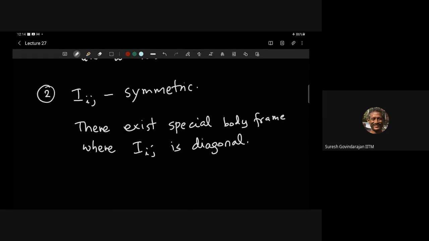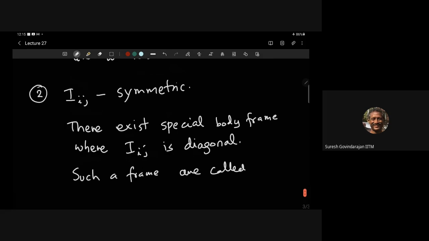We'll give a name for that frame. It could also be frames sometimes. They are called the principal axes.